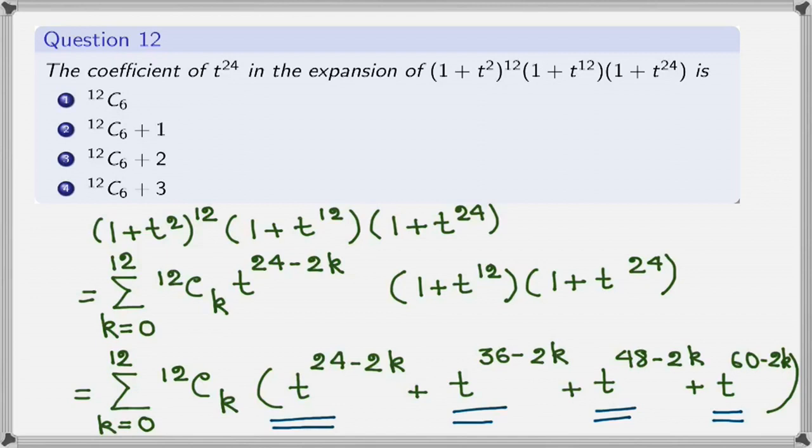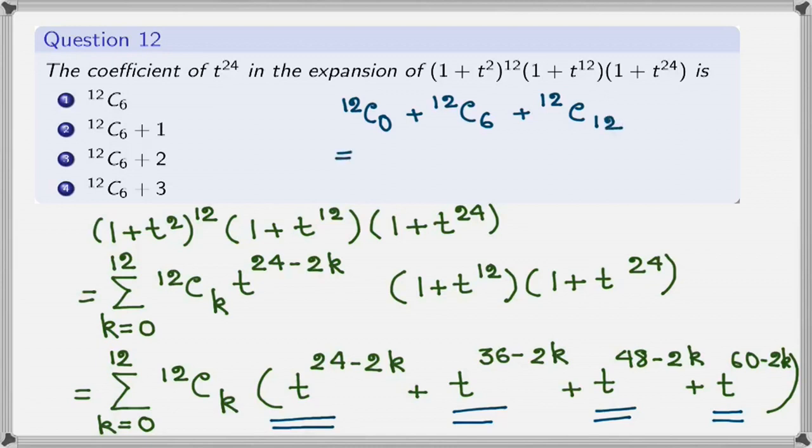So the coefficient of t to the power 24 in this expansion is 12C0 plus 12C6 plus 12C12.